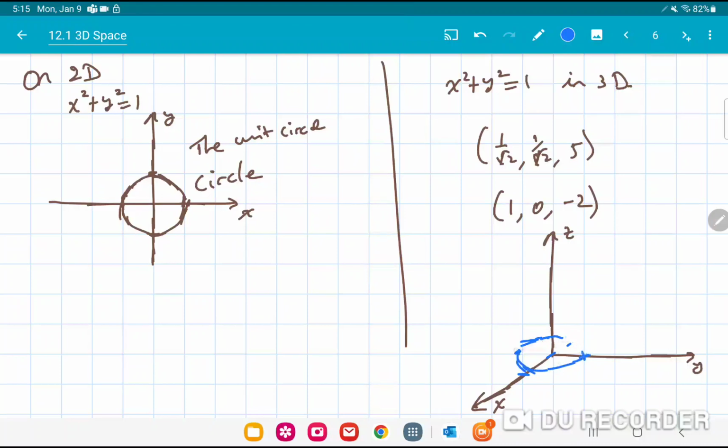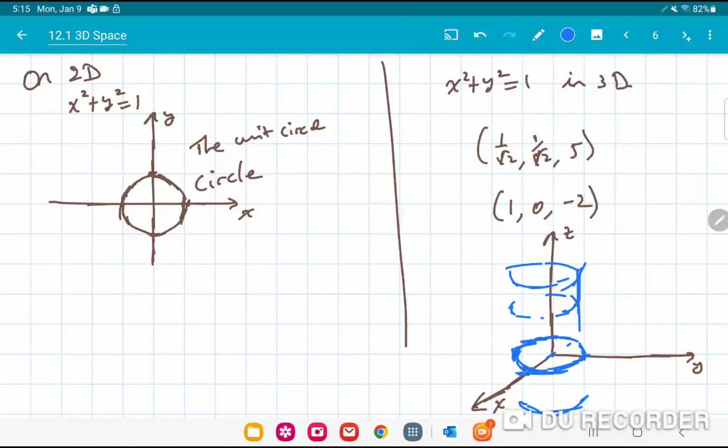But it's telling me that the z component doesn't matter. So the circle could have been here. It could have been here. It could have been here.